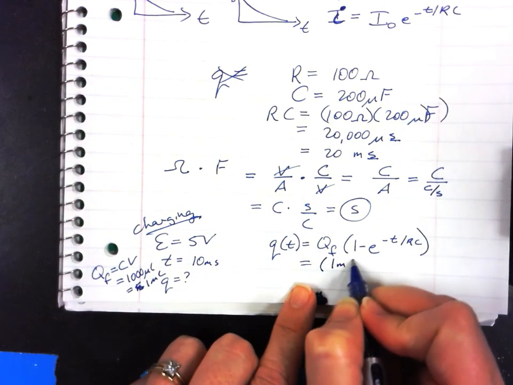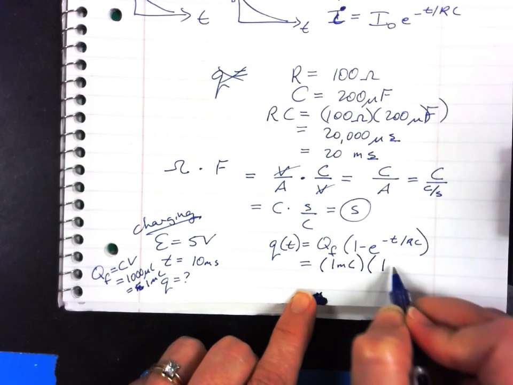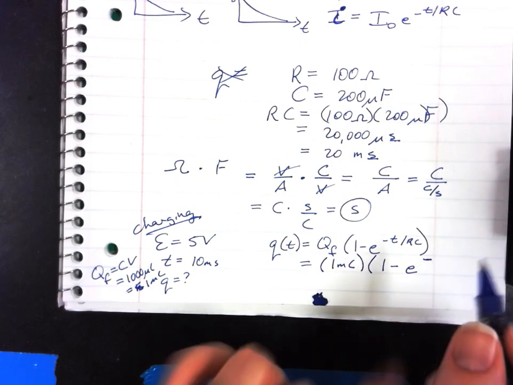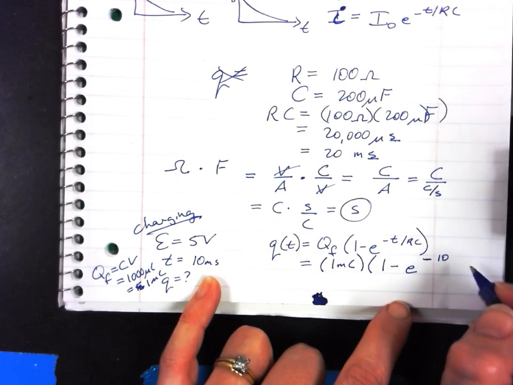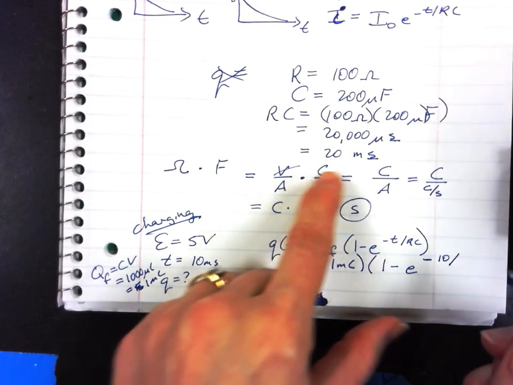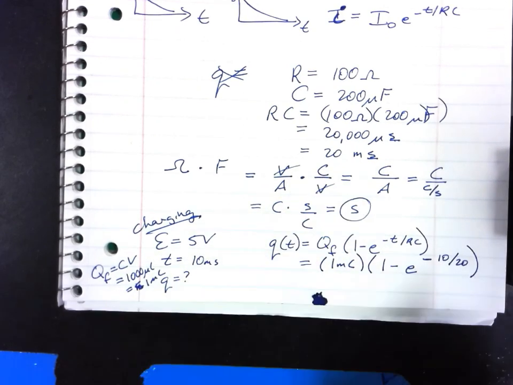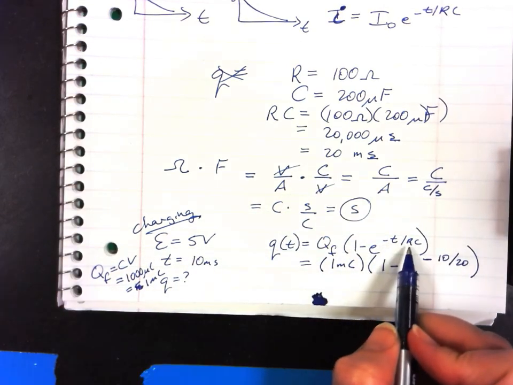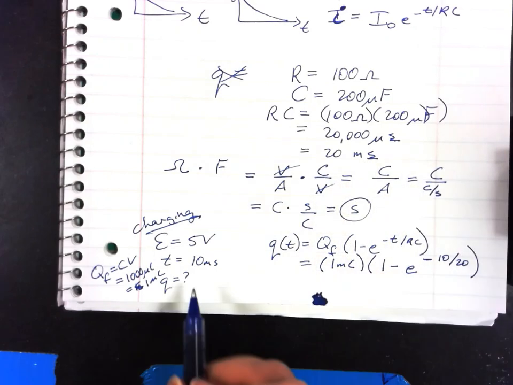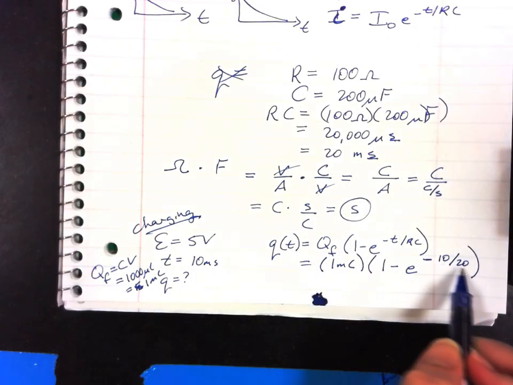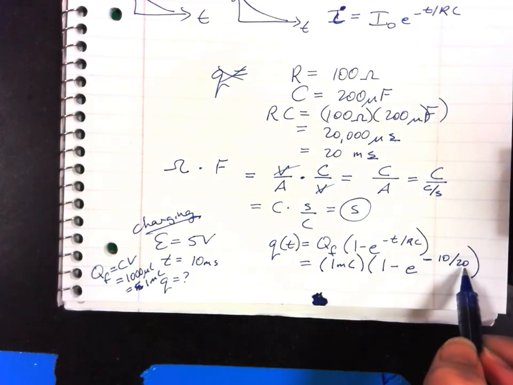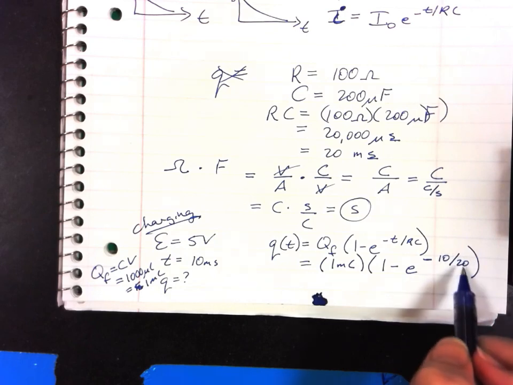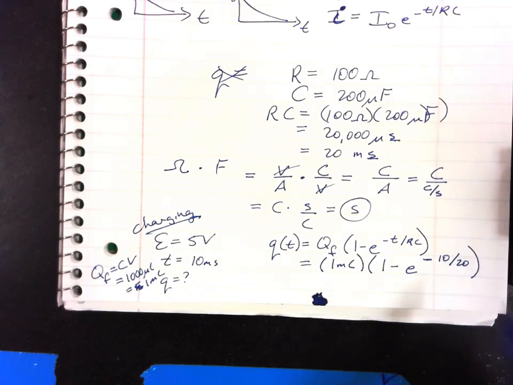So this is 1 millicoulomb times 1 minus e to the negative 10 milliseconds divided by RC, which is 20 milliseconds. Now this has to be a pure number. Because that's in milliseconds and this is in milliseconds, I can put them in directly as well. I could write 10 to the negative 3 and 20 to the negative 3. It cancels out. But these have to be in common units.